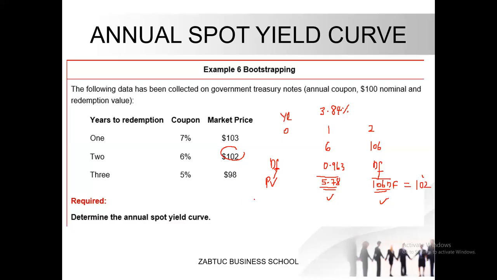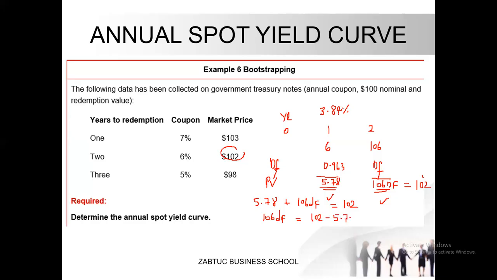Now, be ready with your calculators to do some math. Let's simplify. So what we do is we say 106 multiplied by the discount factor equals 102 minus 5.78.